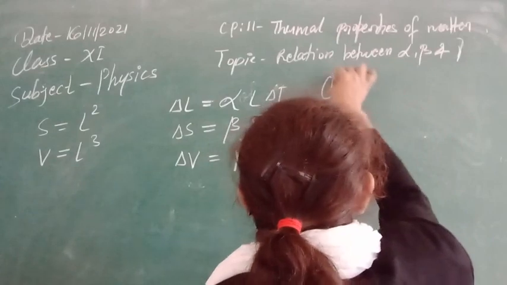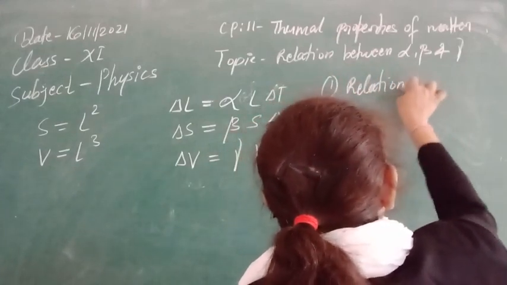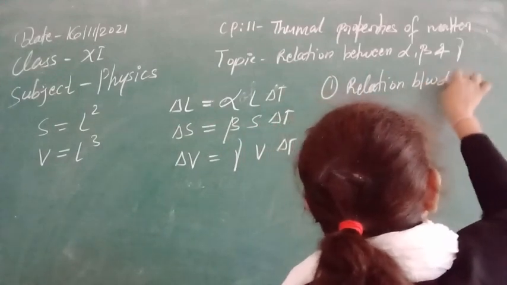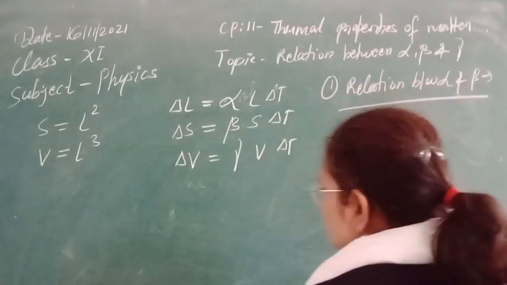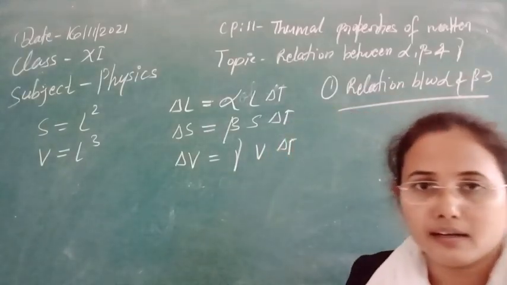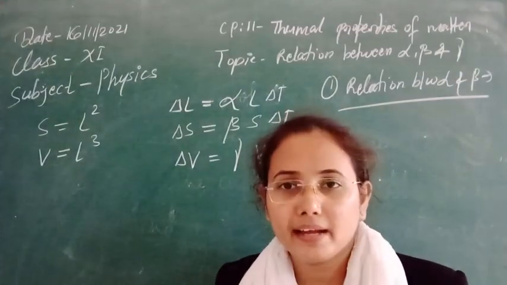The first one is the relation between alpha and beta.